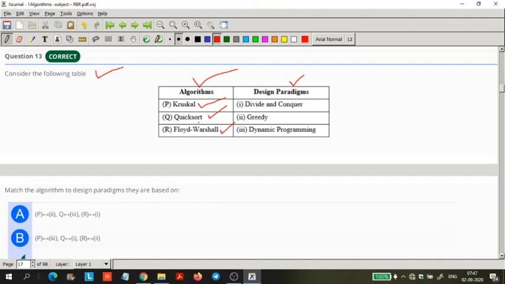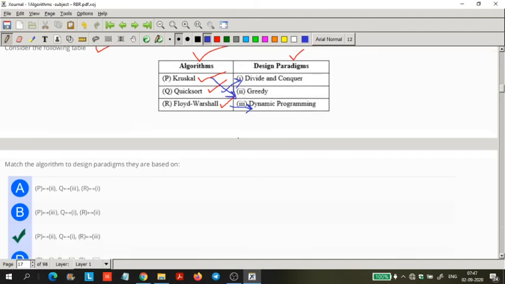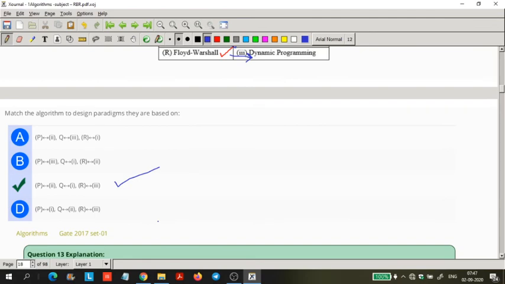As you know, quicksort is a divide and conquer algorithm, and Floyd-Warshall is a dynamic programming algorithm. Kruskal is a greedy algorithm. So the option is 2, 1, and 3: Kruskal is greedy, quicksort is divide and conquer, and Floyd-Warshall is dynamic programming.